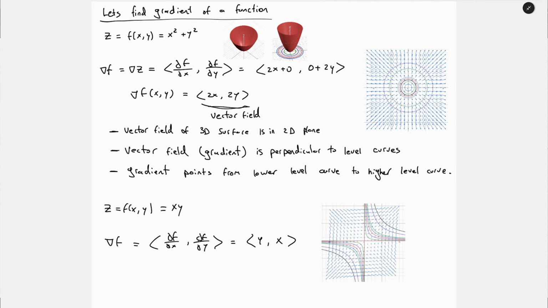Taking the partial derivative in x and partial derivative in y and putting them into something like this made it into a vector field. And how this vector field was perpendicular to level curves and level surfaces, which I will show next. And how the gradient was pointing from a lower level curve to a higher level curve.